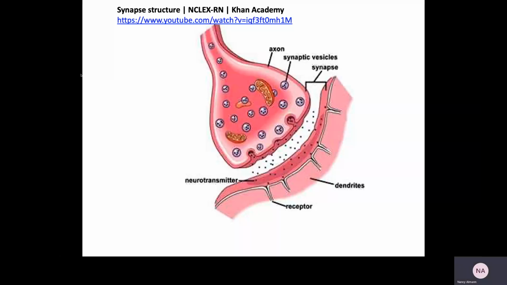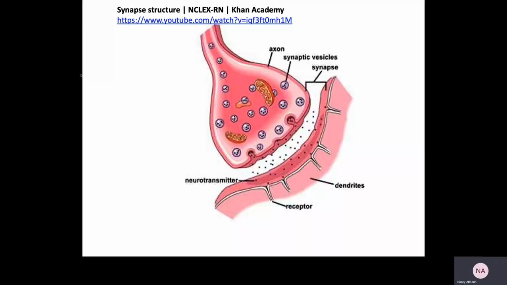So what is a neurotransmitter? Neurotransmitters are the chemical messengers of the nervous system. You can see that the space in between the synaptic end bulb and the specialized area of the cell that's receiving that neurotransmitter is known as the synapse or the synaptic cleft. So what happens?